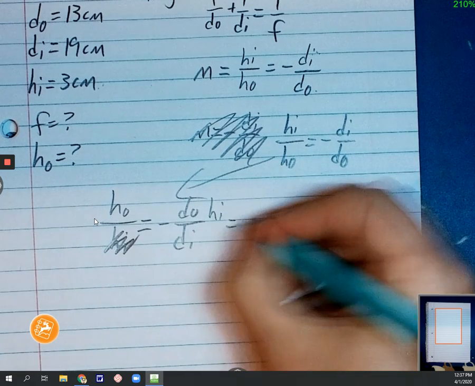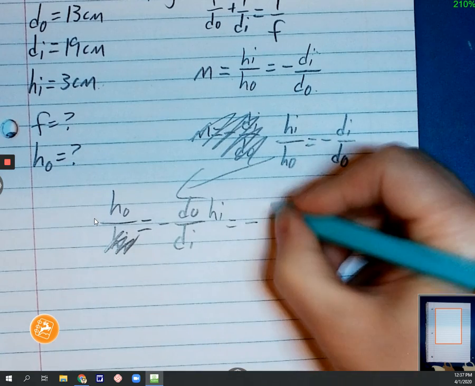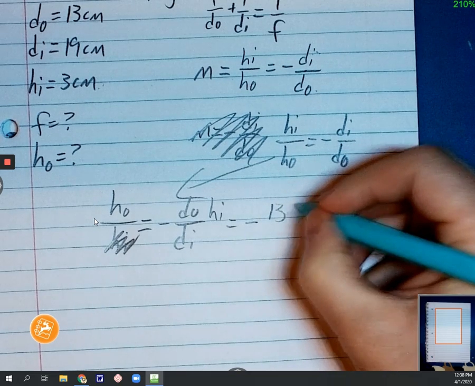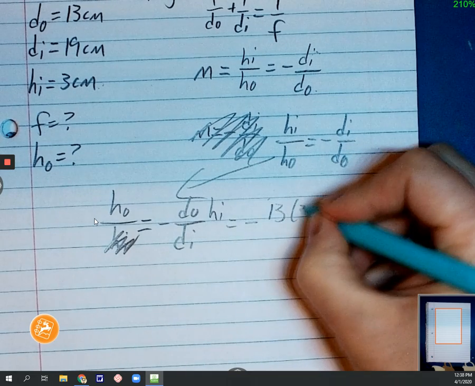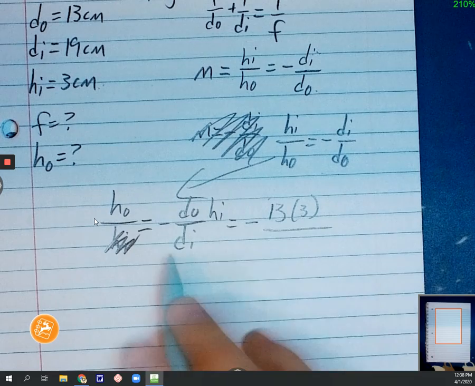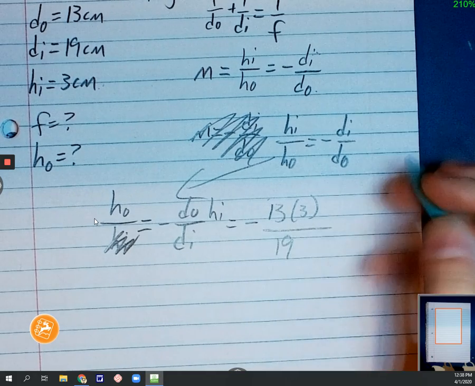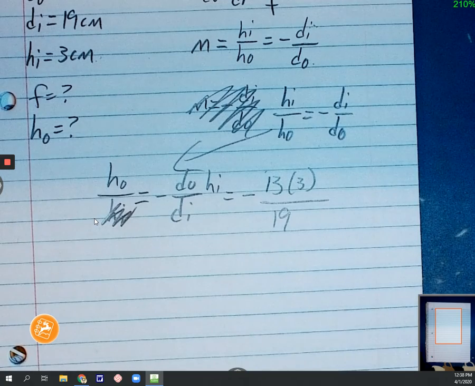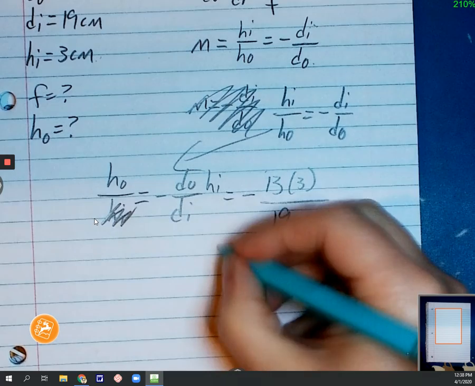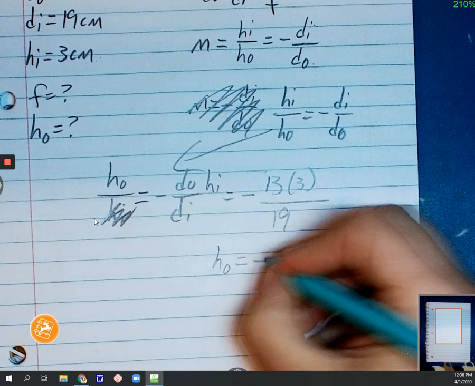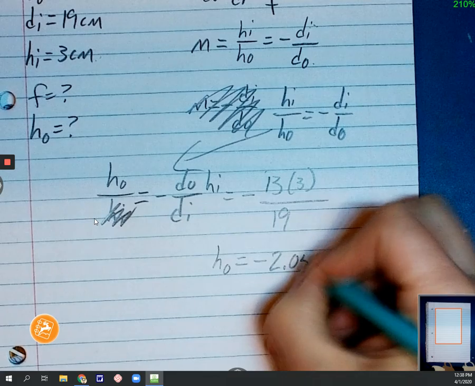So ho is going to be equal to negative 13 times 3 divided by 19. 13 times 3 divided by 19 equals, and I get for the height of my object, negative 2.05.